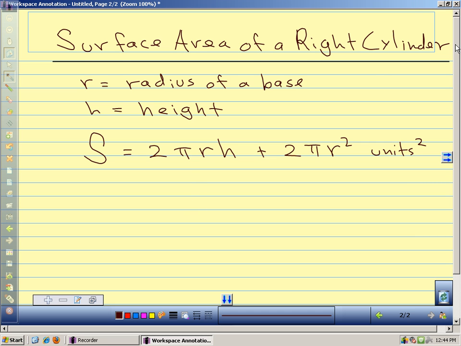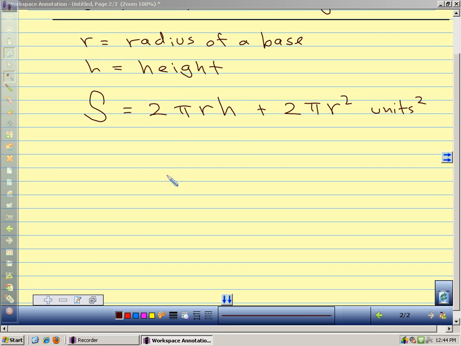Now let's look at why this formula looks the way it does. If I take this sheet of paper and I roll it up into a cylinder, like so, so my base is the open end. So I have one base on either side.